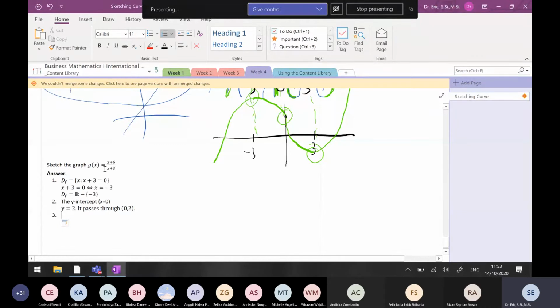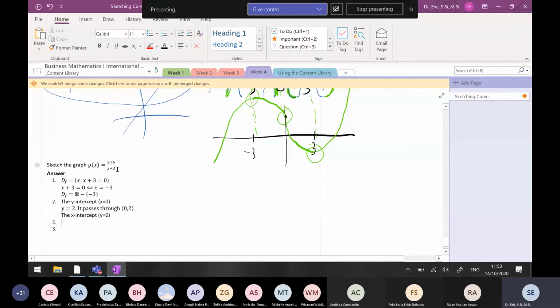Can I find the x-intercept? This is easy. For the x-intercept, you just set y equals 0.